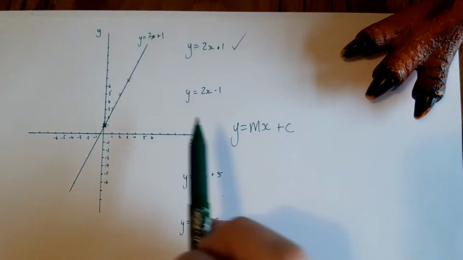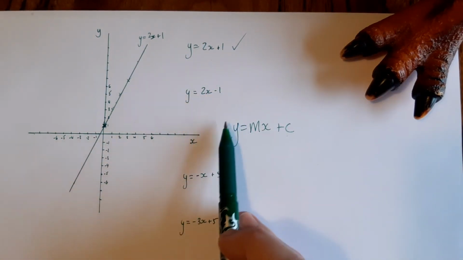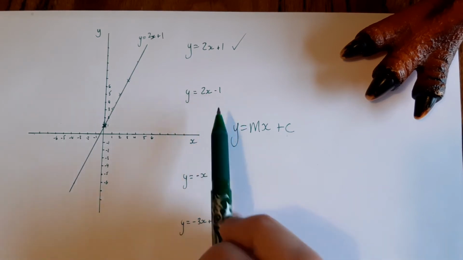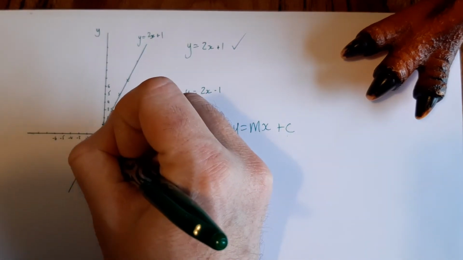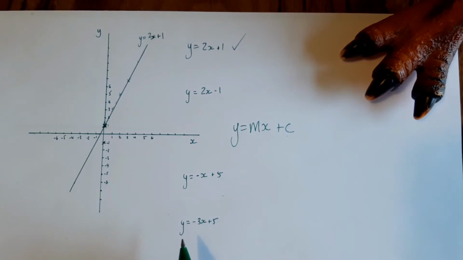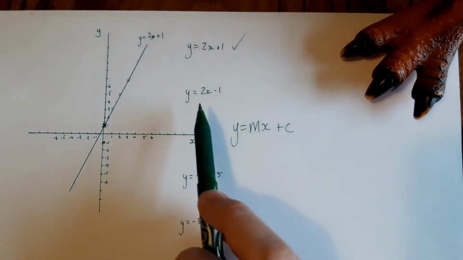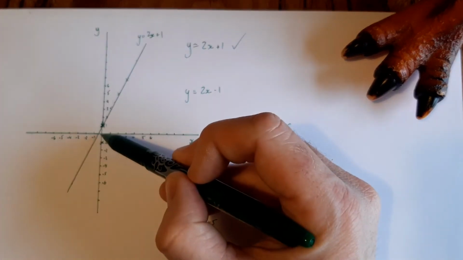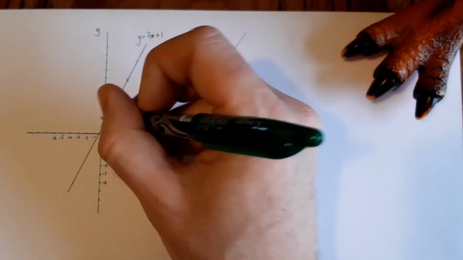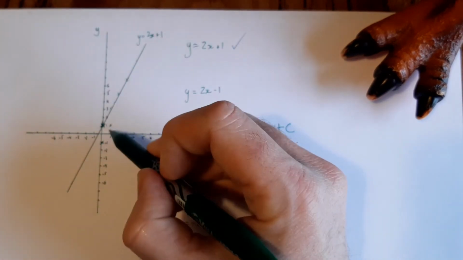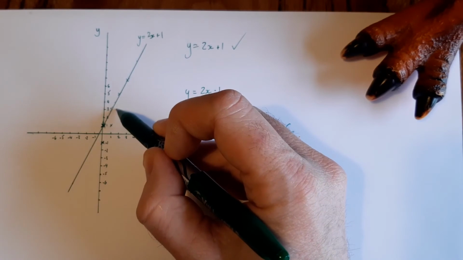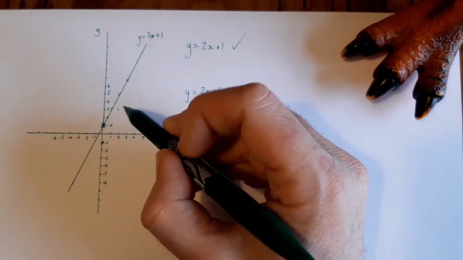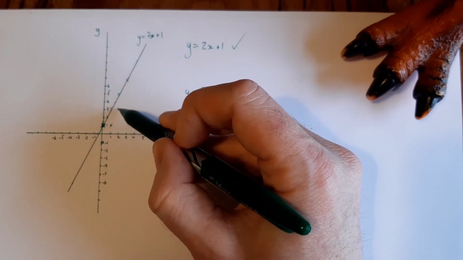Let's try y equals 2x minus 1. Minus 1 is my starting point, so I go down to -1. Then I do the same thing. It's a +2, which means up 2 steps, across 1. Up 2, across 1.